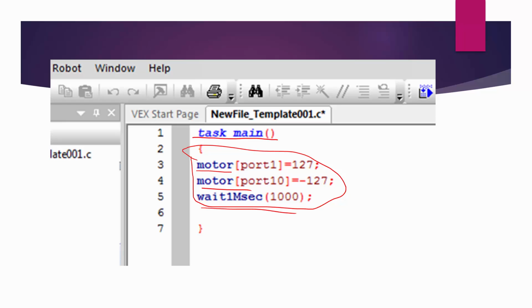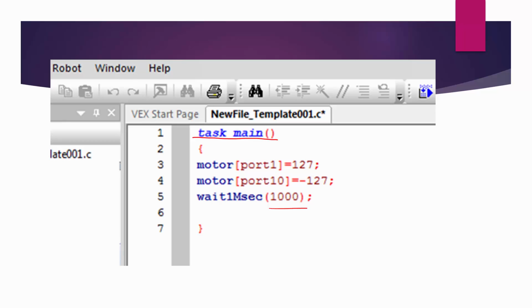And this third line of code says wait, the number 1, and a capital M. Remember, this is the only place you're going to see a capital letter when you're writing these codes. So this is wait 1 millisecond, and then function for this amount of time. Your robots don't have a reader or a sensor to detect distance, but they can track time. So you're going to have to tell it to run these motors for a certain amount of time.